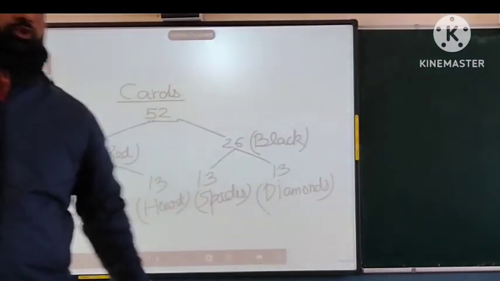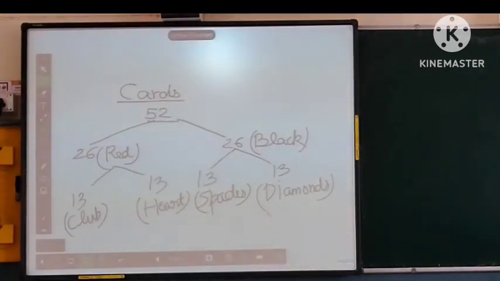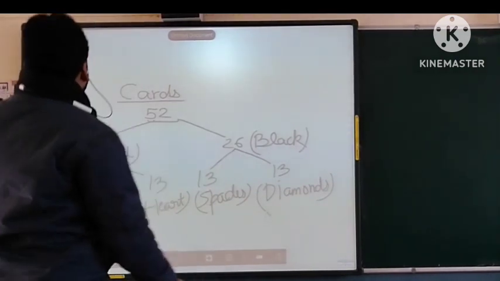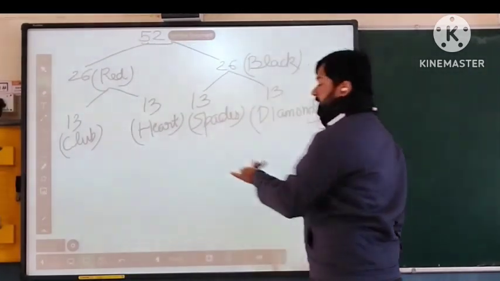We'll discuss more when we do the questions. In each suit all 13 are alike. 26 are black, 26 are red.